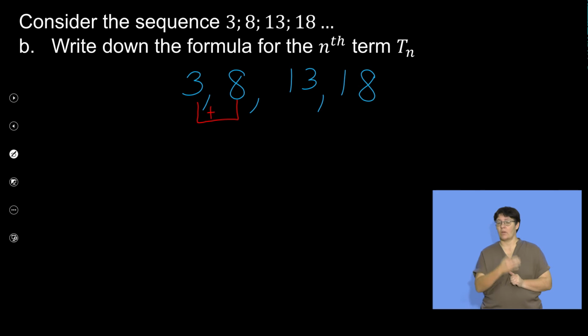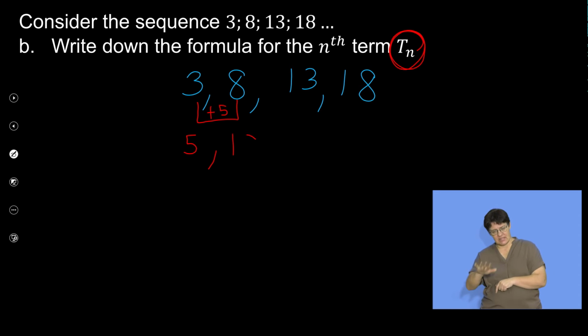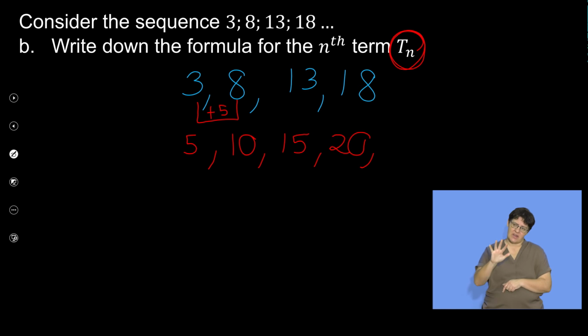So we know that the common difference is 5, and I need to determine the nth term Tn. So I need a mathematical rule that is going to help me. Now, just as a problem-solving strategy, I'm going to look at the number 5, and I'm going to list the multiples of 5. So we've got 5, 10, 15, 20, going on. And we can see that if I were adding the common differences together, those are the numbers that would be present.